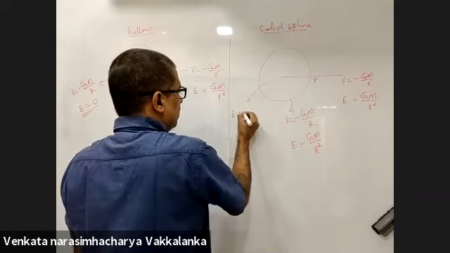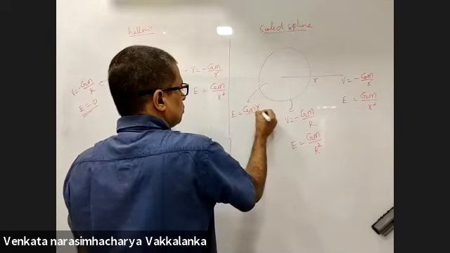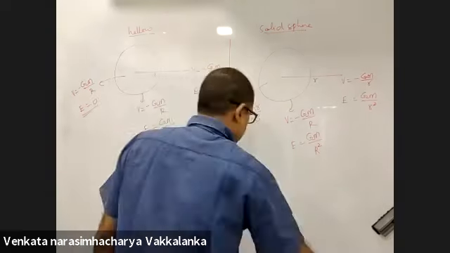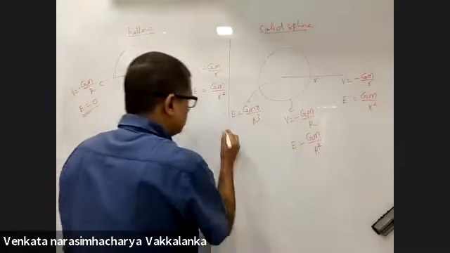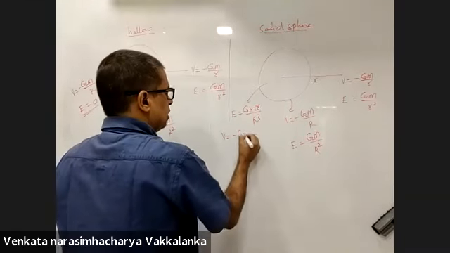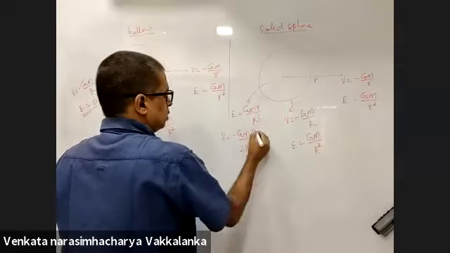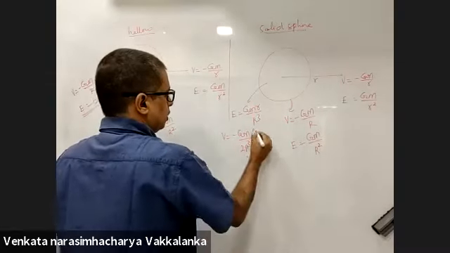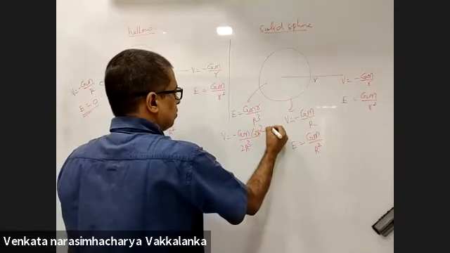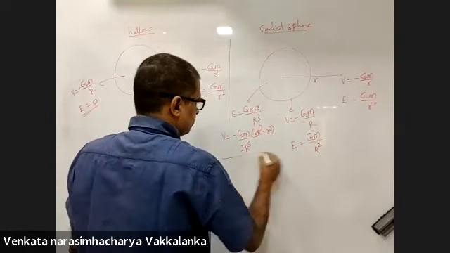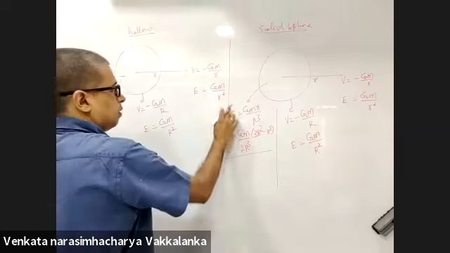Inside, field is Gm small r by R cubed, and potential is minus Gm by 2R cubed times (3R squared minus small r squared).